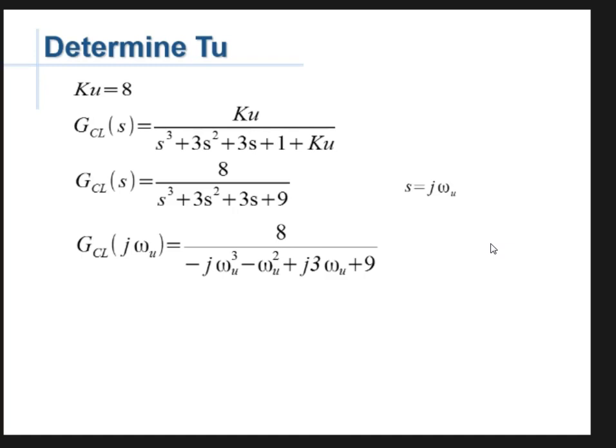So 3s becomes 3 times i omega. s squared becomes minus omega squared, because i times i gives me minus 1. And s cubed then becomes minus i omega cubed. Here we have real terms, minus omega u squared and 9, and purely imaginary terms.